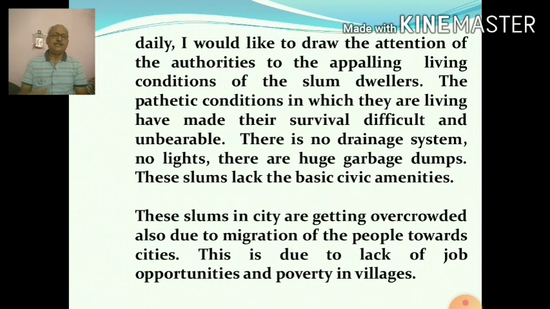The pathetic condition in which they are living has made their survival difficult and unbearable. वो जो लिविंग कंडीशंस है स्लम ड्वेलर्स का, वो इतना खराब है कि उनके सर्वाइवल को डिफिकल्ट बना दिया है और असहनीय बना दिया, अनबियरेबल बना दिया. There is no drainage system, no lights, there are huge garbage dumps. These slums lack the basic civic amenities.